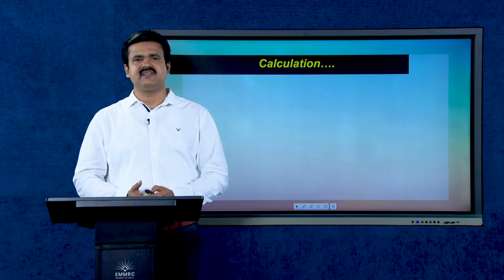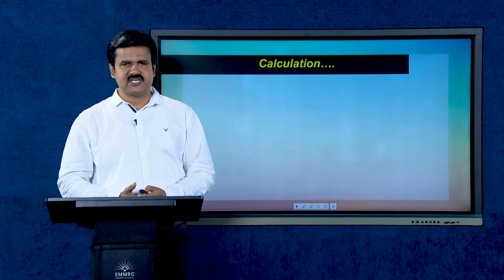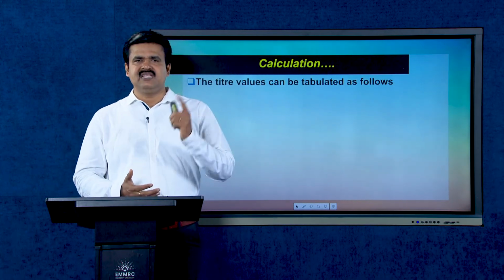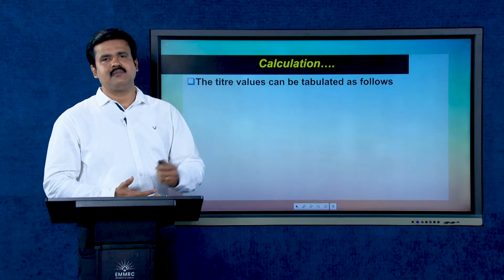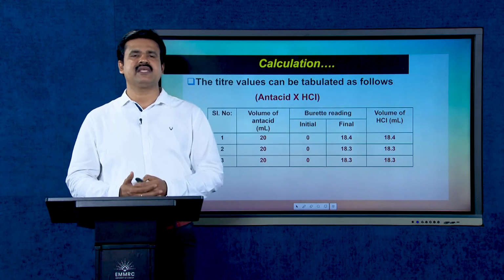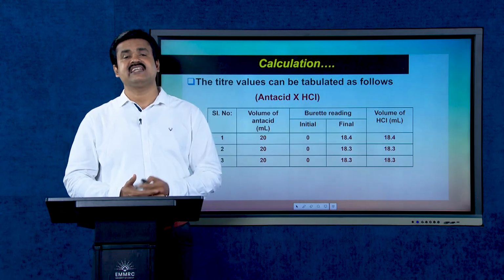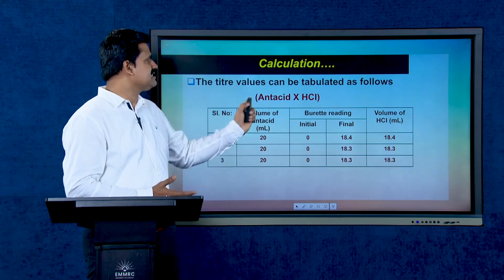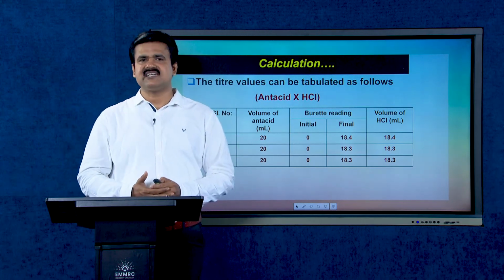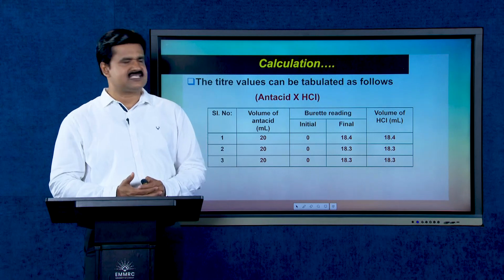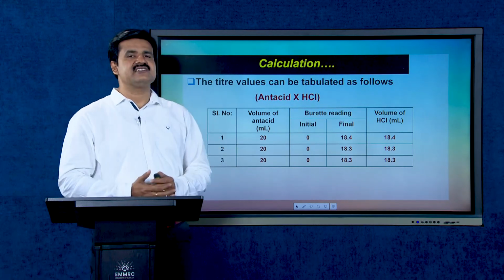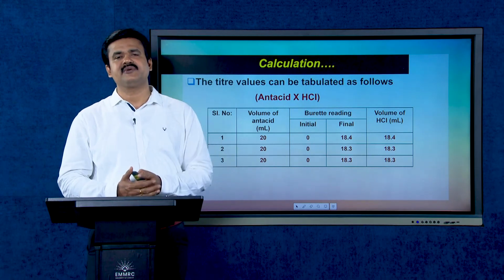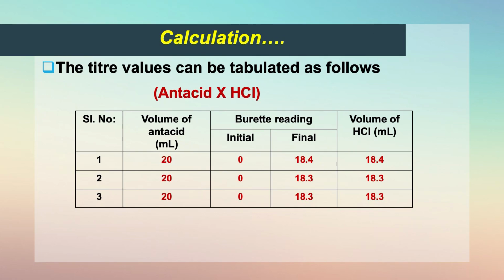We performed the experiment and are now entering into the calculation part. The titer value during estimation of alkali content can be tabulated like this. This is the titration, antacid against standardized HCl. Volume of antacid solution pipetted out in 3 consecutive titrations is equal to 20 ml.